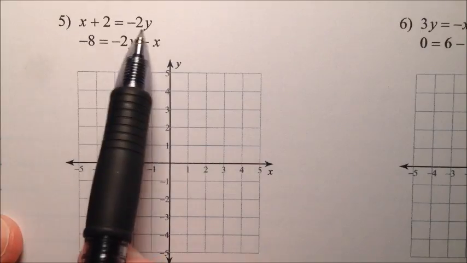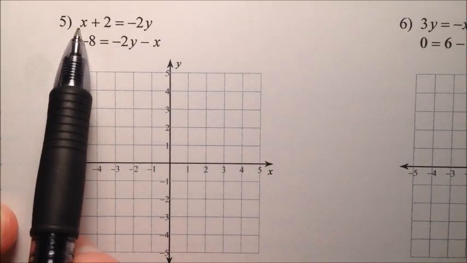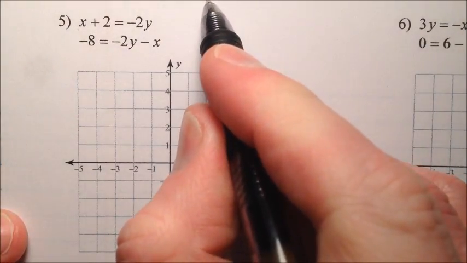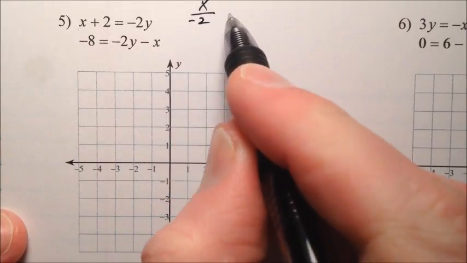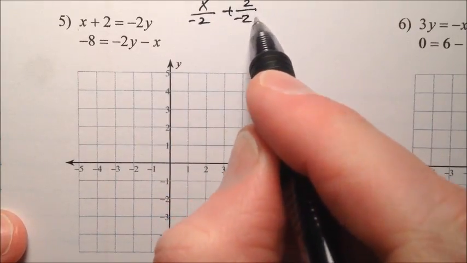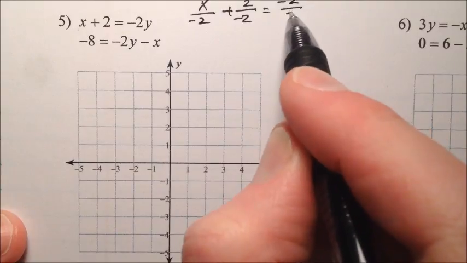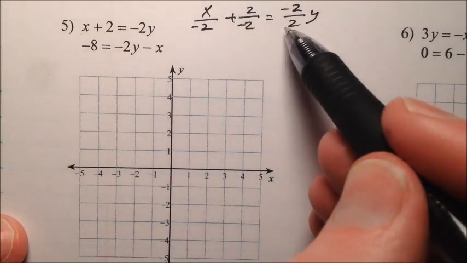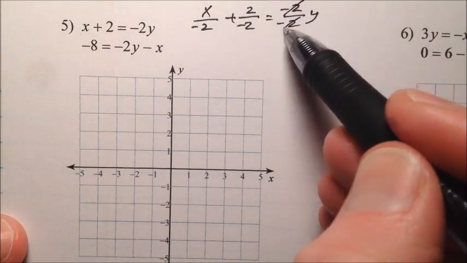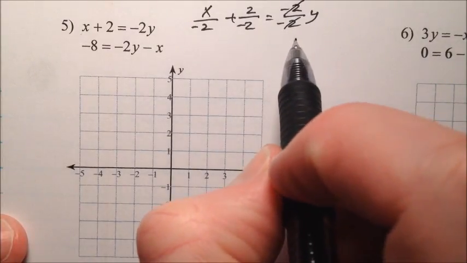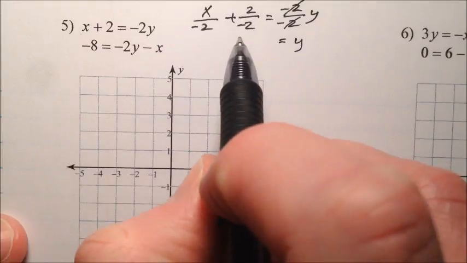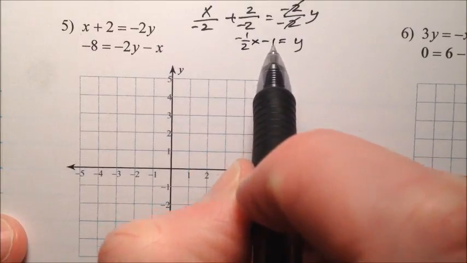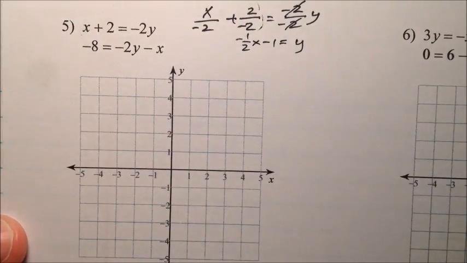So if I divide everything by negative 2, I'll have x over negative 2 plus 2 over negative 2 equals negative 2y over negative 2. What that does for me is those cancel out, so I just have y all by itself now, and then I'll have negative 1/2 x minus 1.